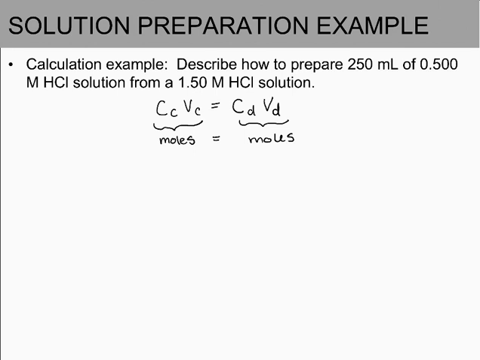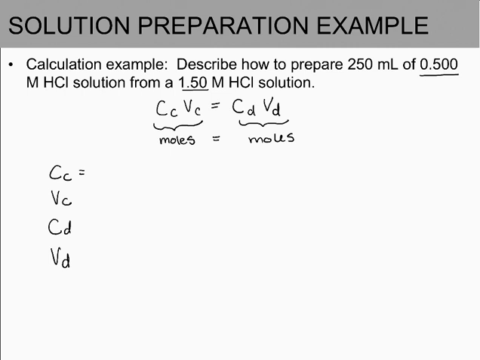Let's write out what is CC for this particular problem, what is VC, and then what is CD and VD. Okay, so remember, CC is the concentration of the more concentrated solution. And if we compare the two concentrations that we were given, 0.5 and 1.5, 1.5 is much greater than 0.5.